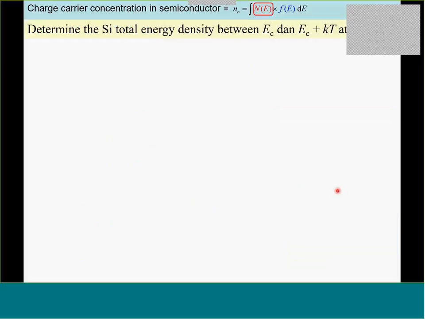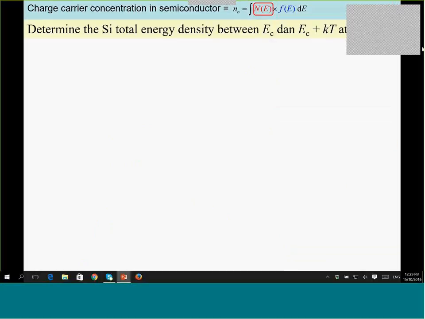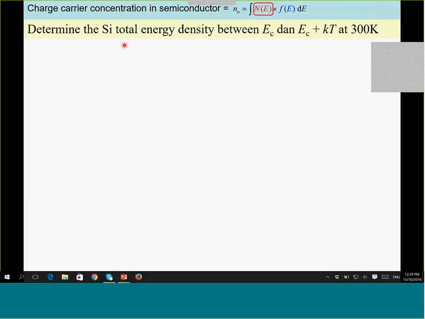Okay, let's see. We would like to determine the silicon total energy density between EC and EC plus kT at 300 K. Sorry about the Malay here.